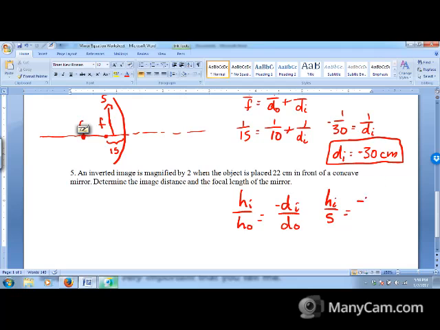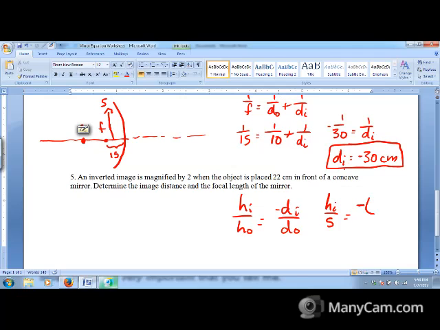My image distance we calculated as a negative 30. This is what I was talking about before in the previous video. This always just innately has a negative sign. But my image distance is a negative 30. So this is negative negative 30. The reason that's so important is because the negatives are going to cancel and you're going to be left with a 30 over your object distance, which we said was 10.